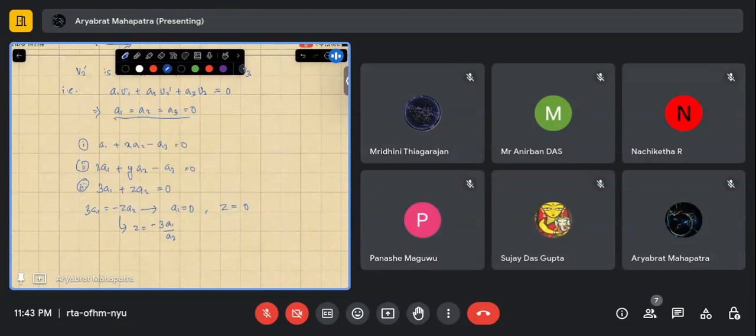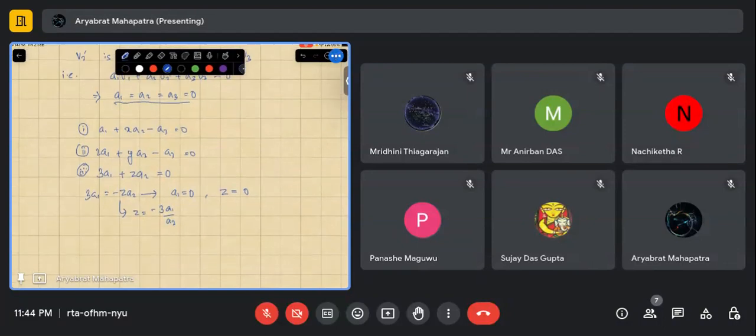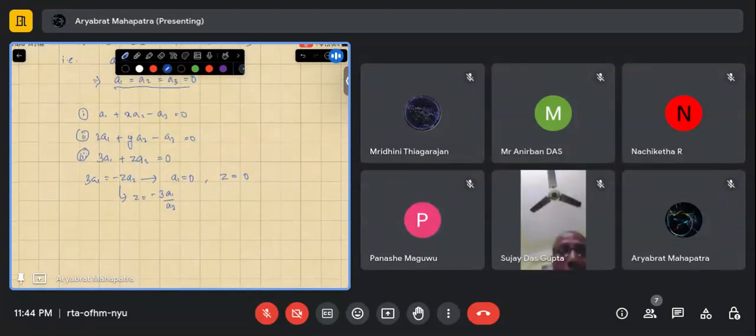So you can enforce a1 to be 0, and upon enforcing a1 to 0, you will get z equals 0.